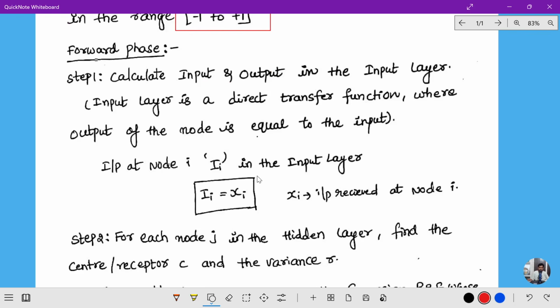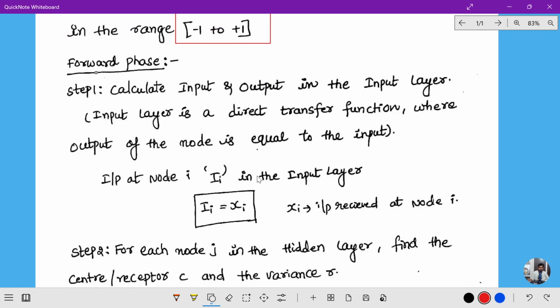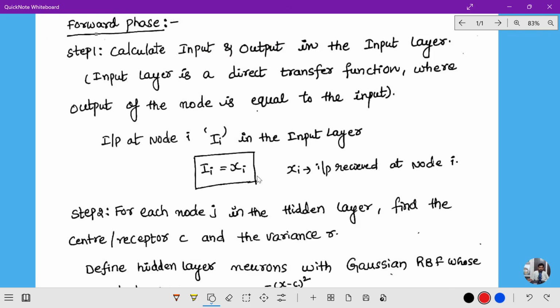Now remember all of you, there are two things you need to remember: the forward phase and the backward phase. In radial basis function there are two phases. First is the forward phase, which goes from input to hidden to output. When it comes to backward, it goes from output to hidden and input.